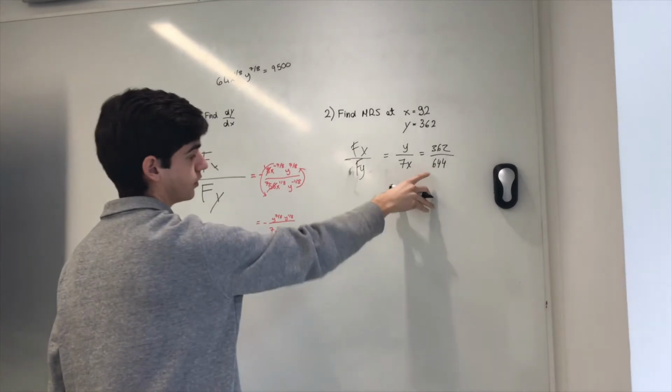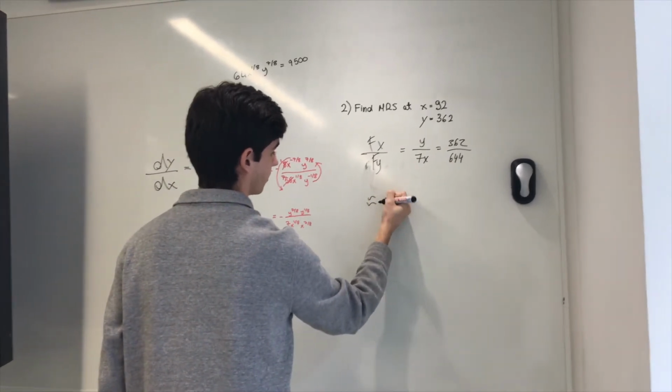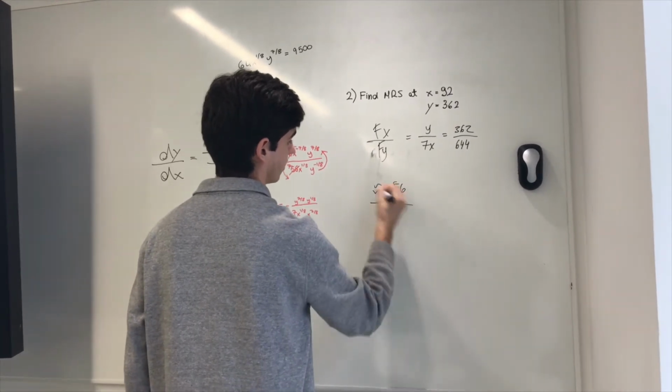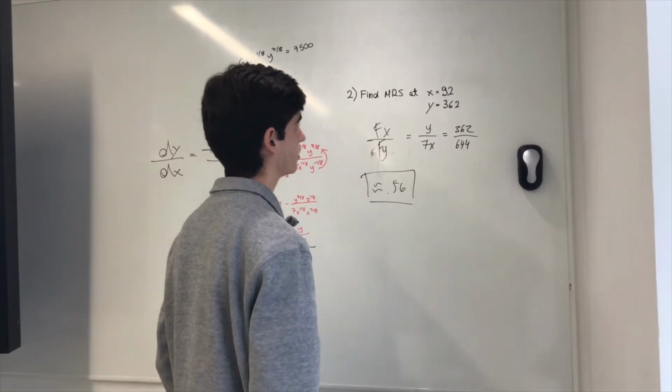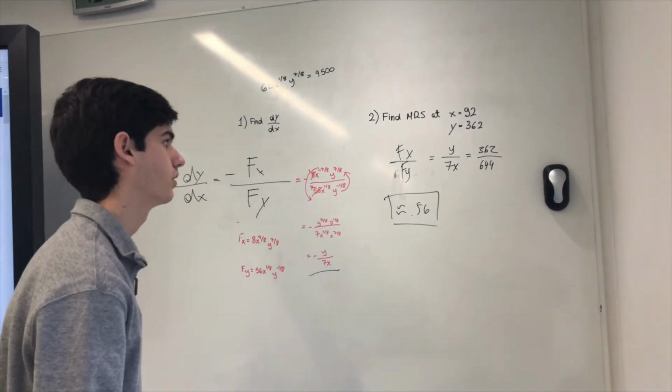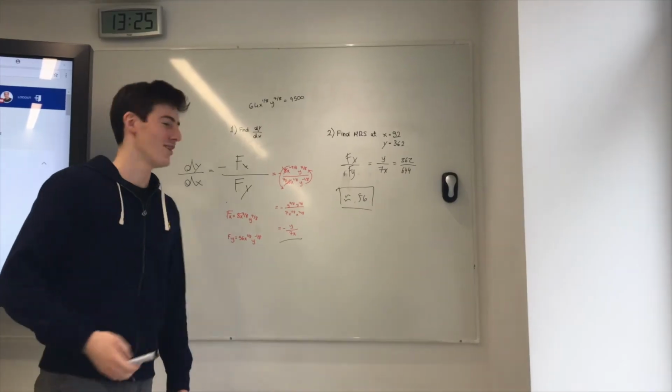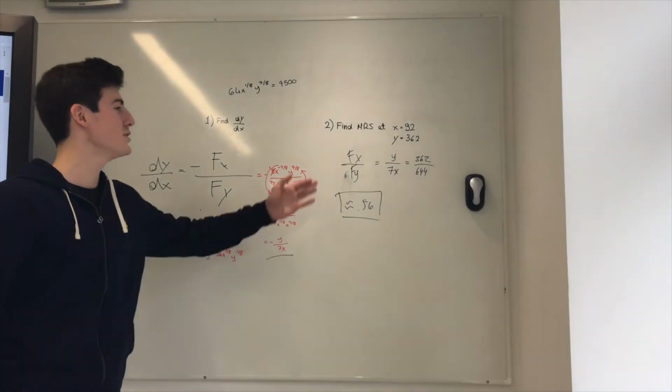And if you do that, it would become around 0.56, which is our marginal rate of substitution. So every time a unit needs to be substituted, it will go at this rate. Alright, well done Stefan, you did very well.